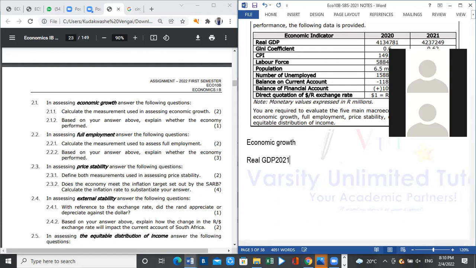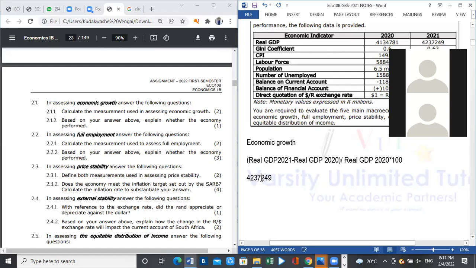So real GDP for 2021 minus real GDP for 2020. Then we divide that by the real GDP for 2020. Then we multiply that by 100 to get a percentage. All right. Then the real GDP for 2021 has been given as 4,237,249.